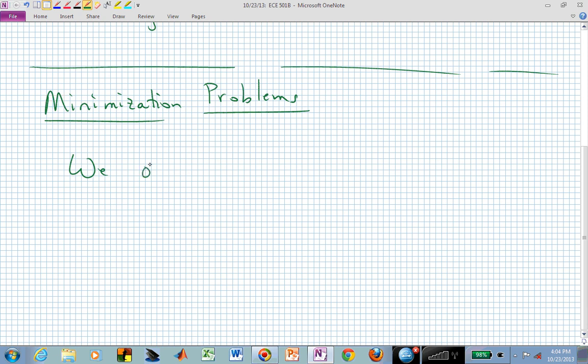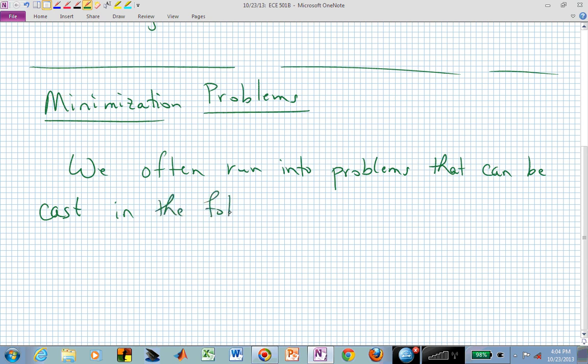We often, let's say, run into problems, or maybe we should say applications, run into problems that can be cast or formulated in the following way or in the following form.